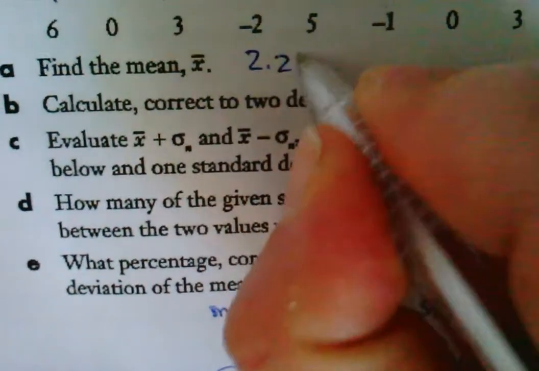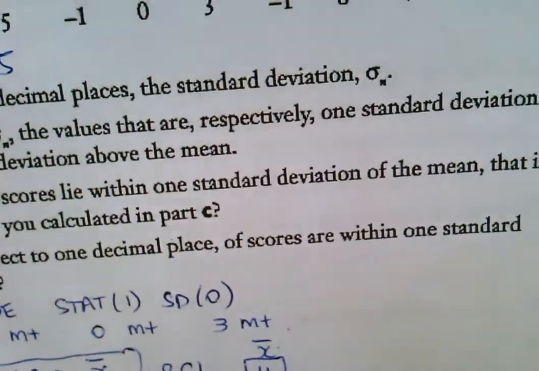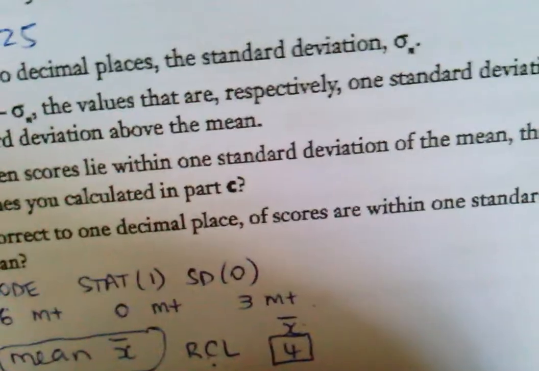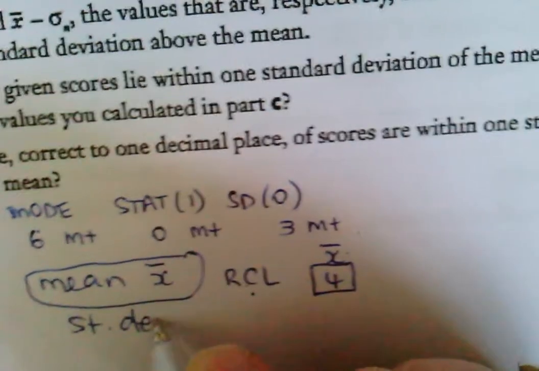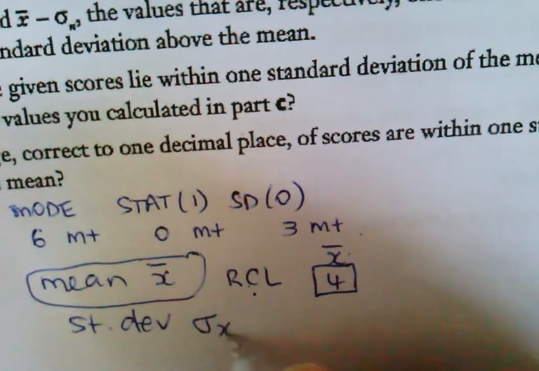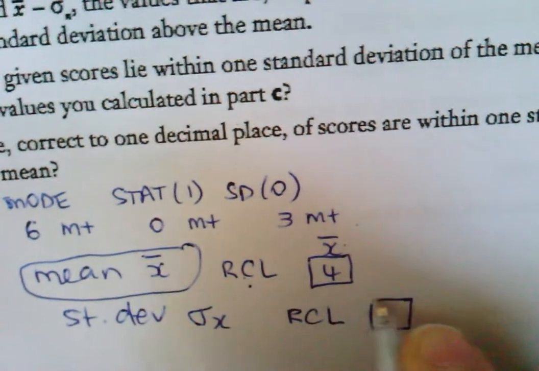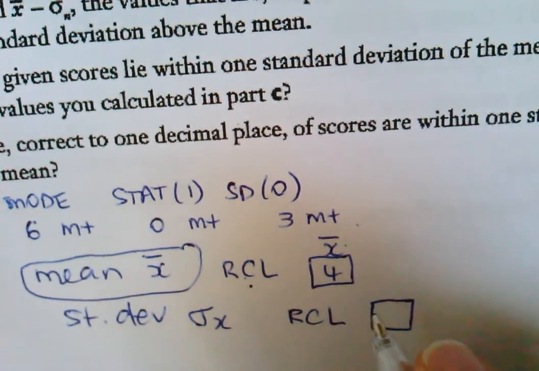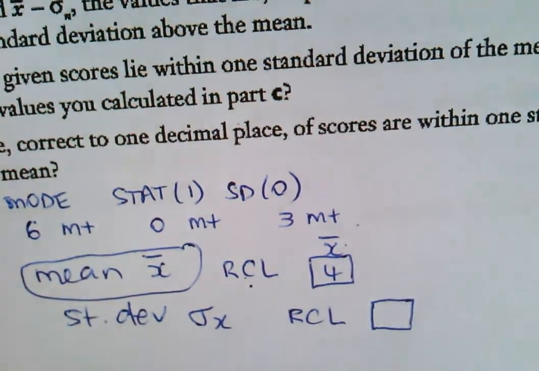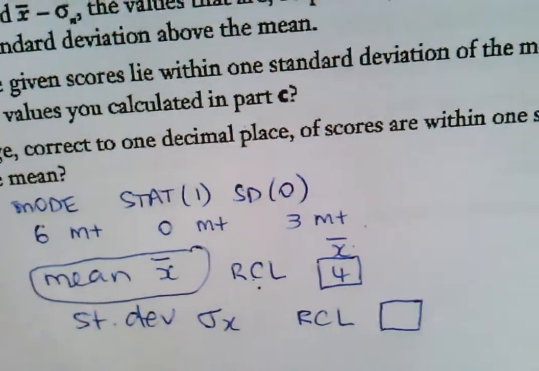Now keep that data there. You can also do the standard deviation, which is sigma x on your calculator symbol, that's recall, is it 6 or 7? Which number? Look for the sigma x in green. Where is that button?